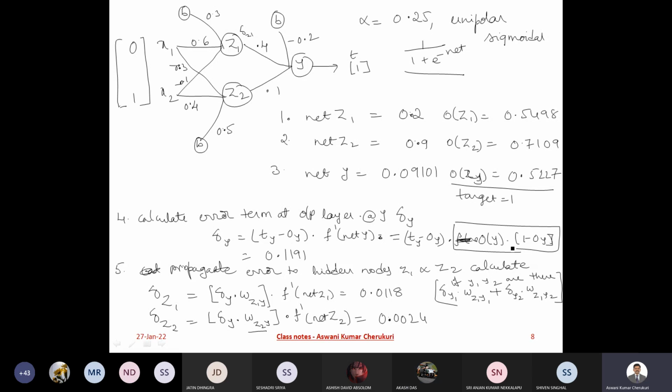Once these deltas are done, that means you have now calculated the gradients for Z1 and Z2. Now the weights are to be adjusted, right? So let us go to the next step, weight adjustments, at the output layer.